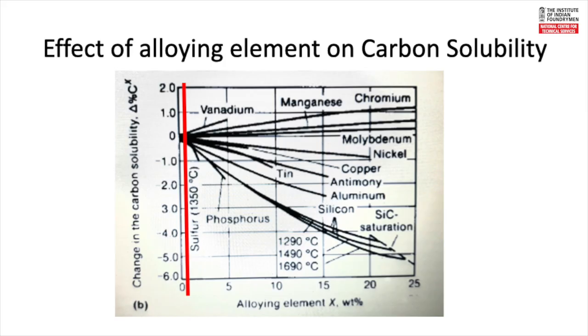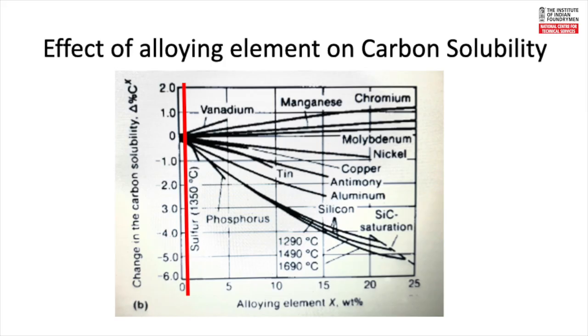What you will notice is that sulfur, phosphorus, silicon, antimony, copper, and nickel, at different addition levels, and here of course alloying has been taken all the way up to 25% just to show the trends, show a negative change in the carbon solubility.